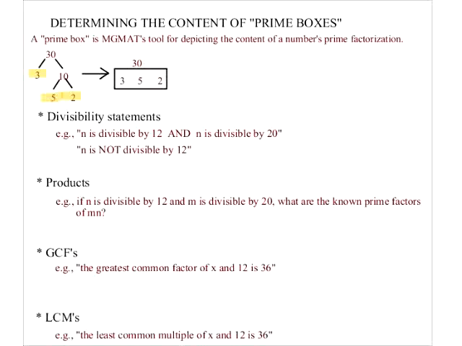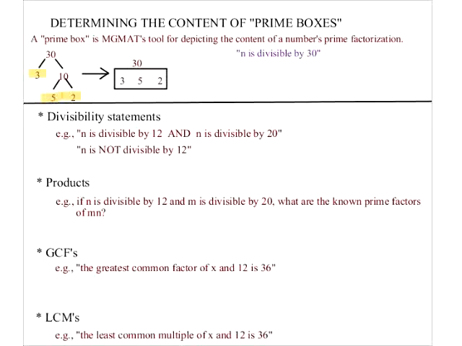We are talking about variables here. So if you have an unknown, you're not going to be able to make a factor tree out of an unknown because you don't know where to start the tree. So if I tell you something like n is divisible by 30, the prime box becomes a much more useful deal here.